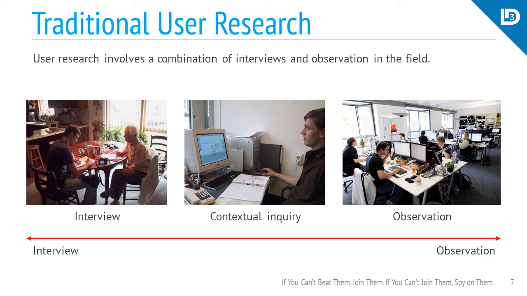These techniques are really on a spectrum, with pure interviews, just asking questions, on the left end of the spectrum, to pure observation on the right end, where you're just sitting back and observing what people do without asking questions, without trying to affect what they do. And somewhere in the middle is a technique called contextual inquiry, which is kind of a combination of an interview and an observation, where you're asking the participant to walk through a process and actually do the process, demonstrate it and talk to you about what they're doing at each step, and you're asking questions as they go along.